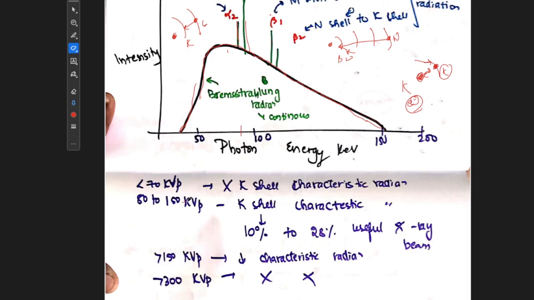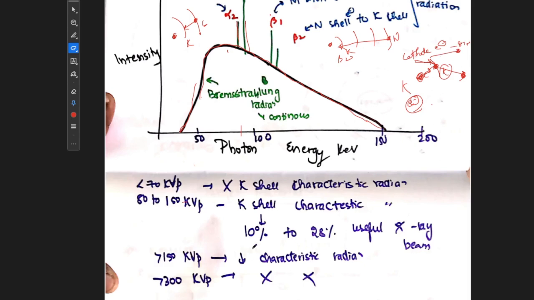Whereas from 80 to 150 kVp, the cathode electron will have sufficient energy, since 80 to 150 is more than 70 kilo electron volt. As a result, it hits the K shell electron and can replace it. The cathode electron will go in a different direction, and the K shell electron will go in a different direction and acquire the remaining energy of the cathode electron.